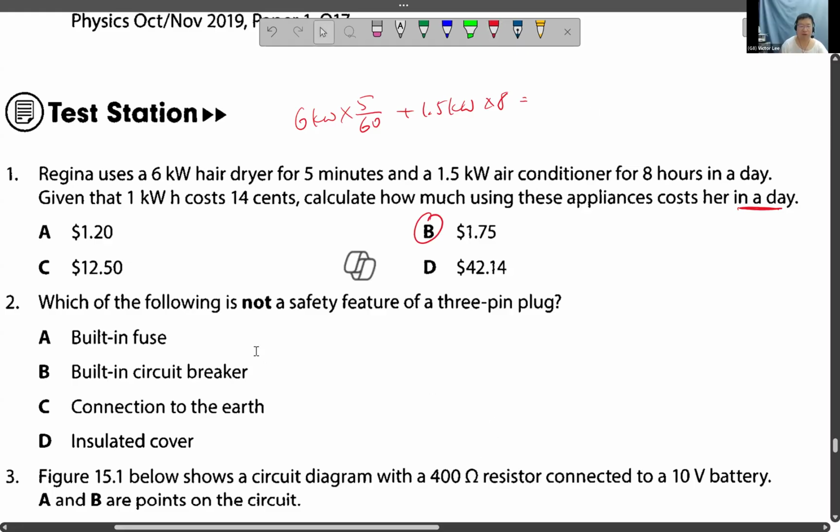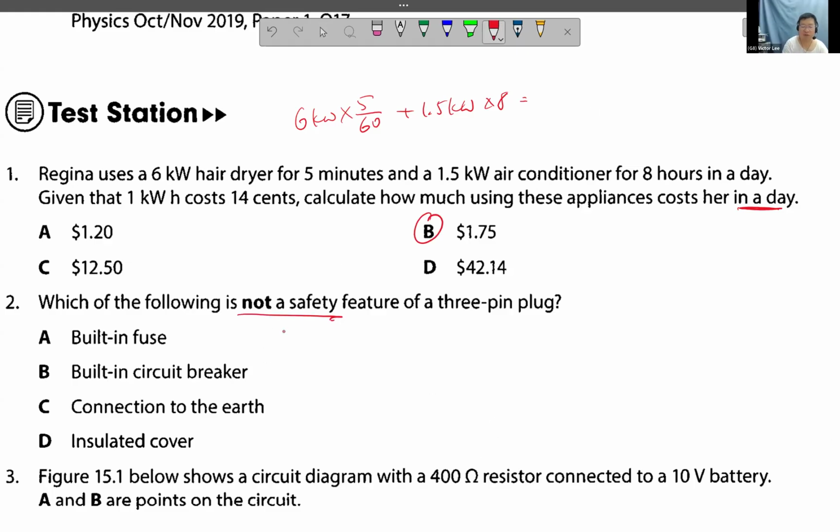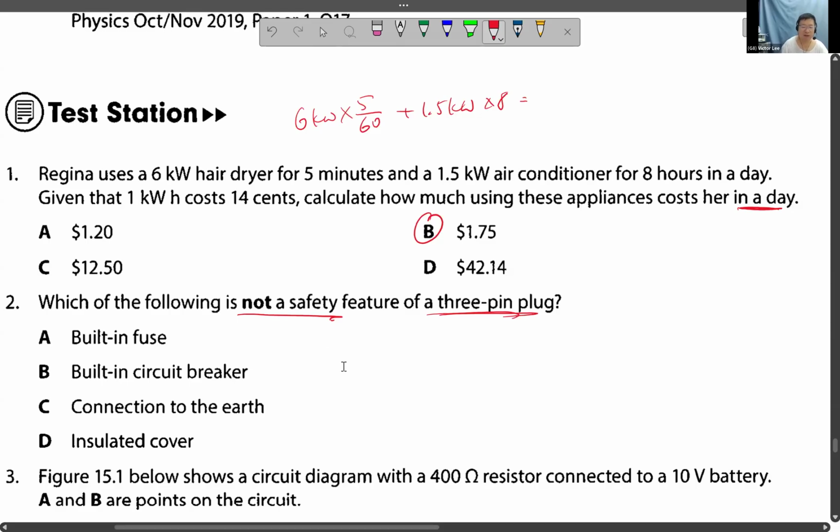Which one is not a safety feature of a 3-pin plug? I'm sure you know this one.